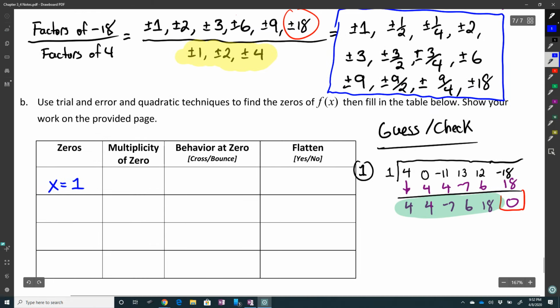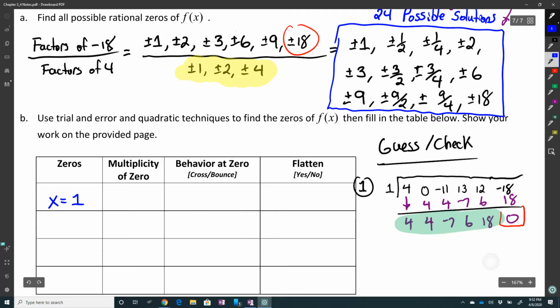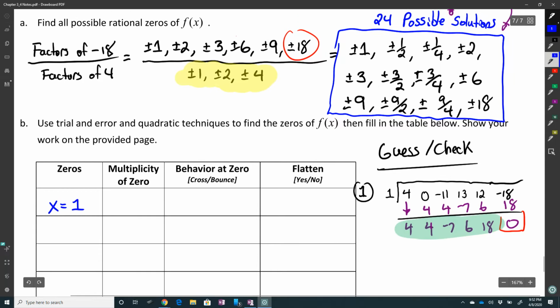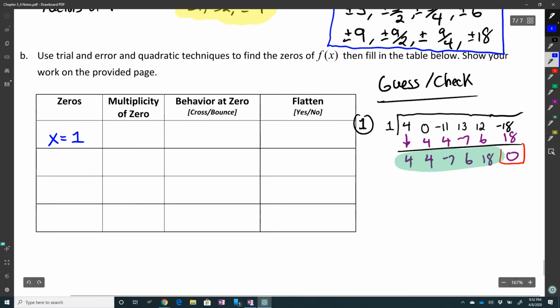Now, once you find one, never, ever go back to the original problem. What you're going to do is this becomes your new problem. The whole point of this process is that the polynomial gets smaller.